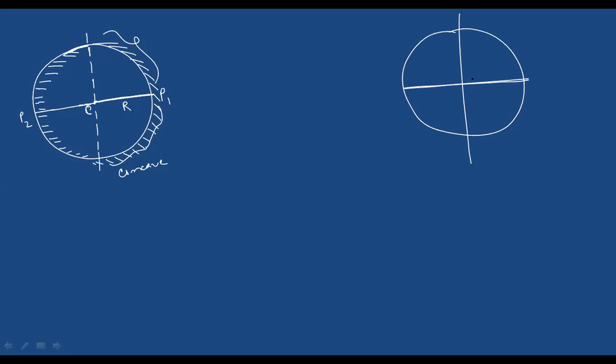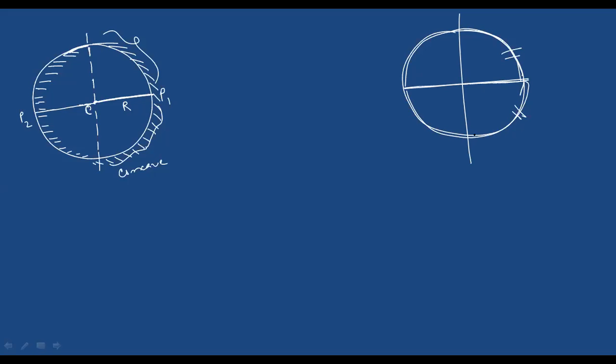We know that the diameter divides the circle into two equal parts. So this part and this part will be equal. Similarly, this part and this part are equal. In a spherical mirror also, this radius of curvature divides this arc.